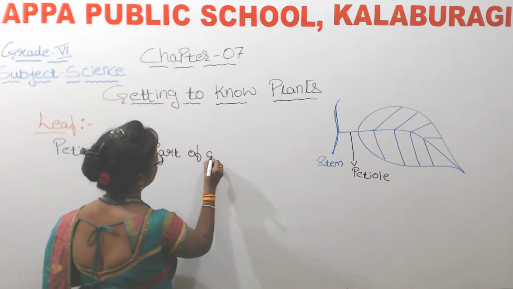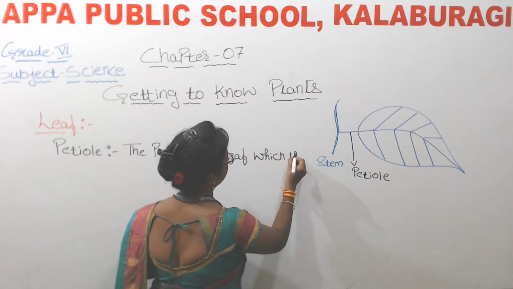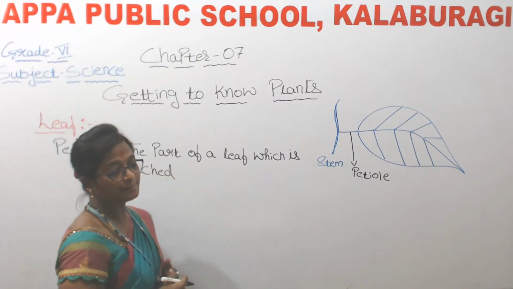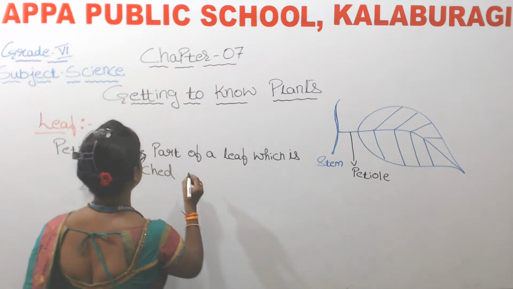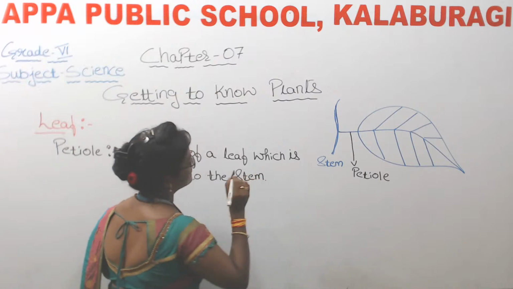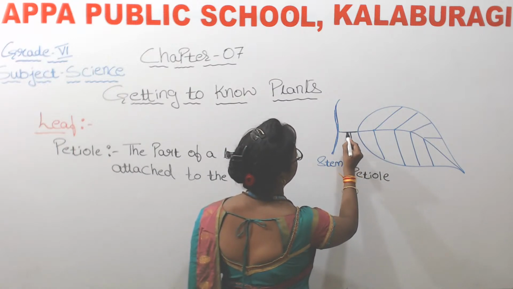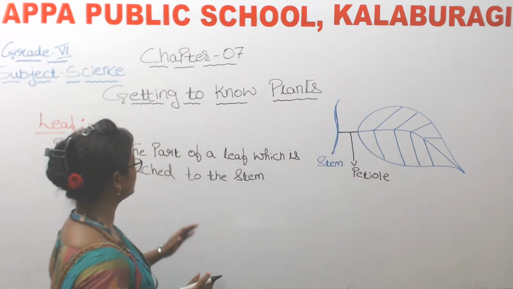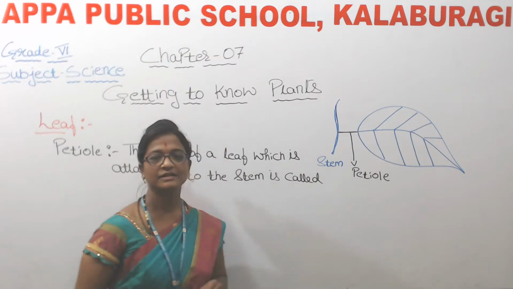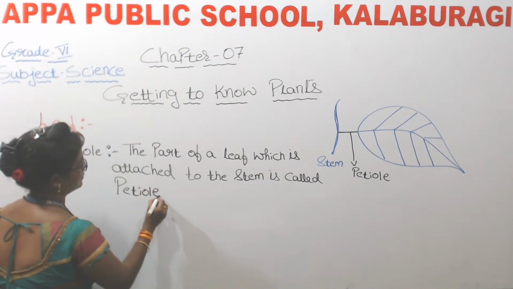The part of a leaf which is attached to the stem is called petiole.